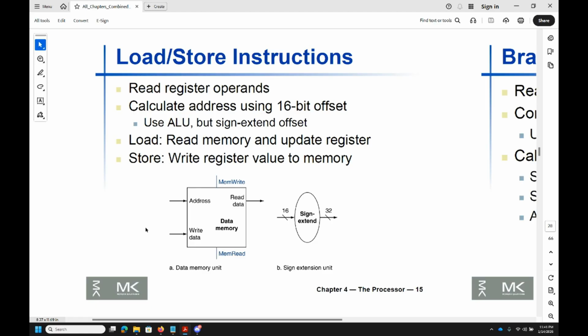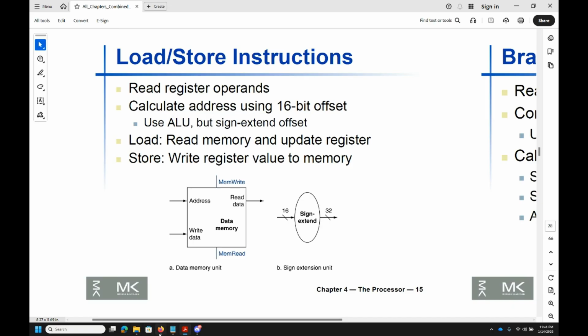So load is basically the instruction that loads the data from memory, and store is the instruction that stores the data back into memory. So read register operands, they calculate the address.